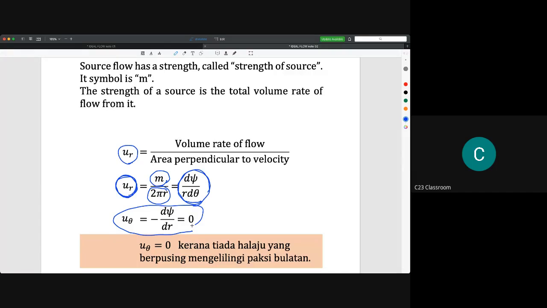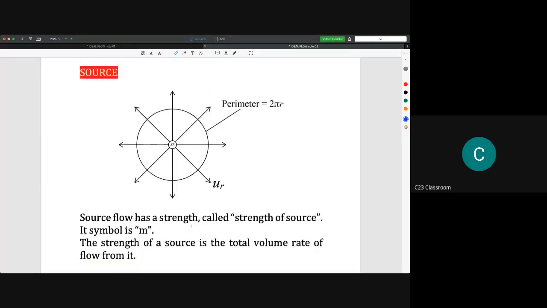Because there is no velocity that rotates around the circle area. So yang ini saya rasa awak boleh faham bahawa molekul di sini kita kata hanya akan bergerak ke hadapan. Dan tidak ada molekul yang bergerak pada paksi theta. Kerana kalau ada molekul yang bergerak pada paksi theta, tentulah aliran ini akan berjalan bengkok seperti ini.